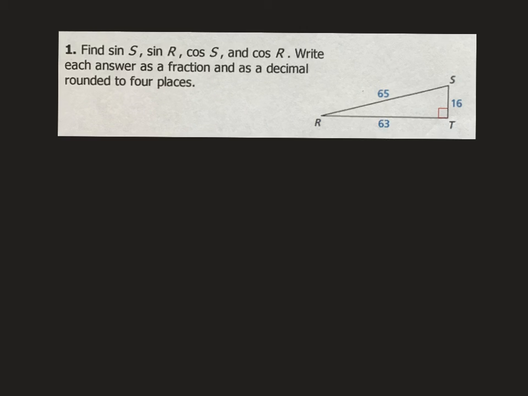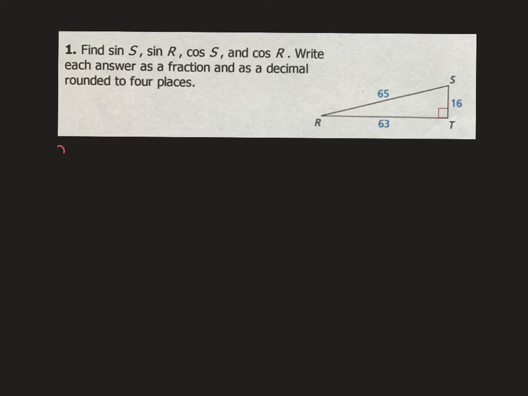So you really want to pay attention to, does it want a decimal or does it want a fraction? So that you don't get marked wrong for something as silly as that.